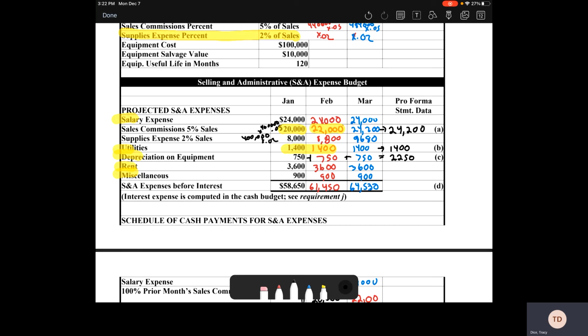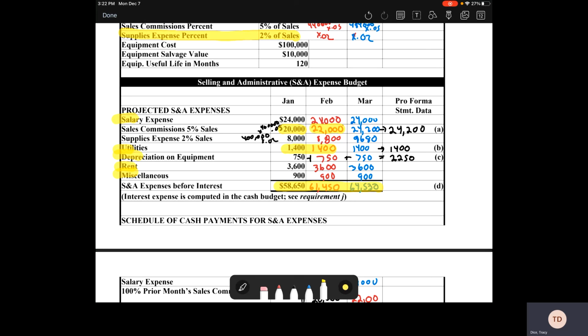And then the last thing we want to know is the amount of selling and administrative expense for the first quarter before interest on our income statement. So we have to add up these bottom three. What were our total selling and administrative expenses in January, February, and March when we add them all up, whether we paid them that month or not?